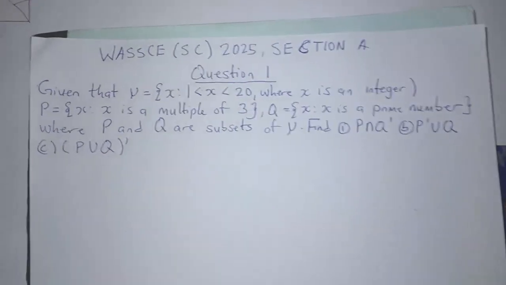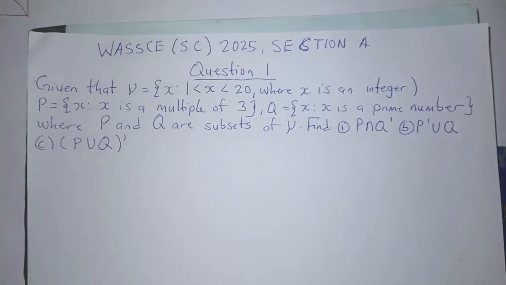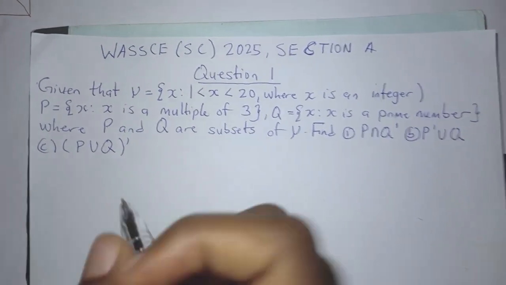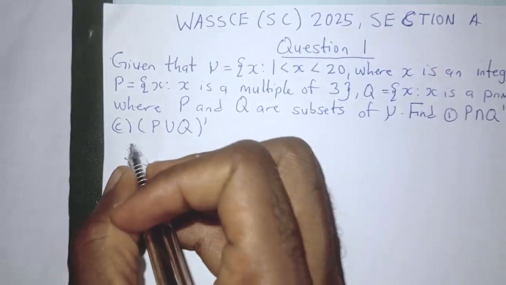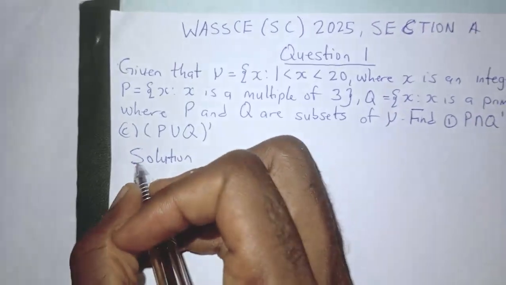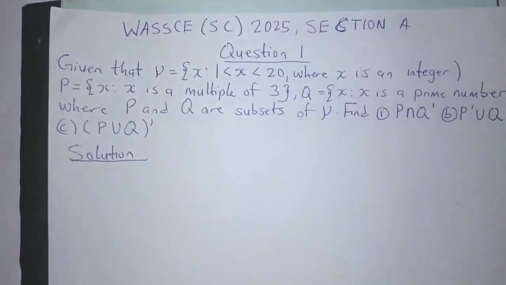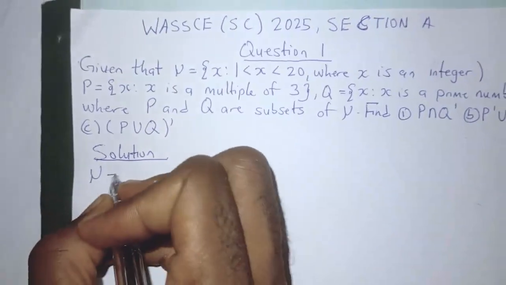So the first thing we are going to do is to list out the elements that are in the universal set. So for my solution, I will list out the elements in the universal set. So that is mu equals to.